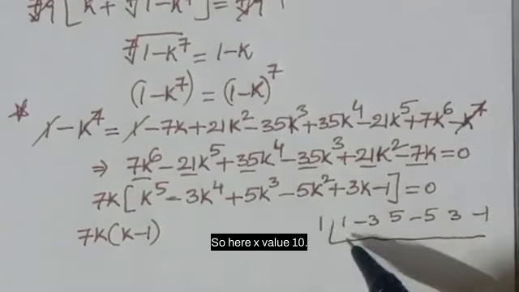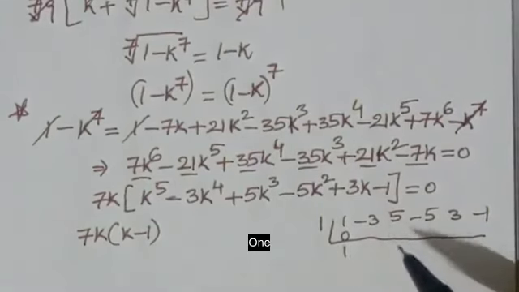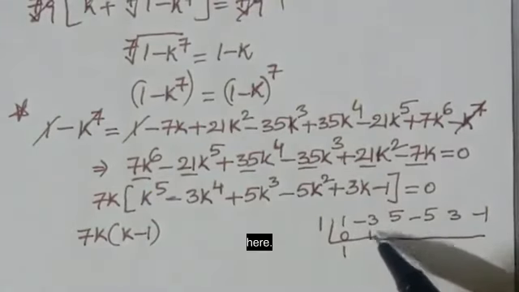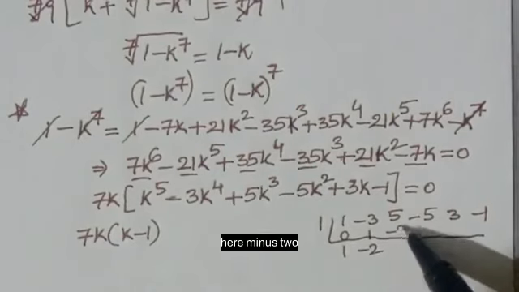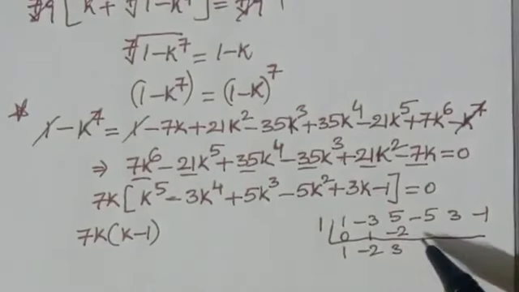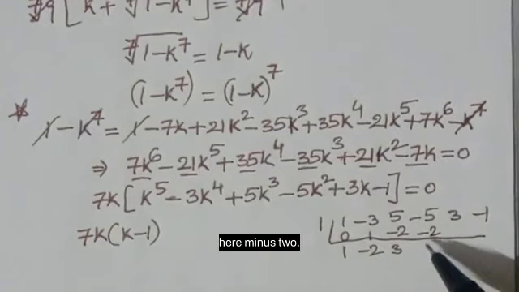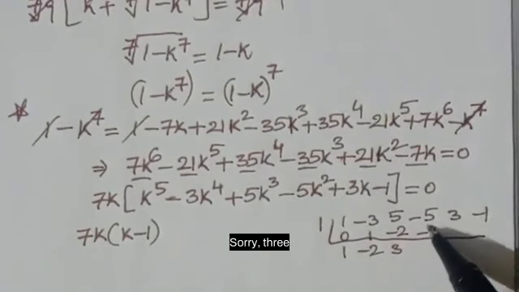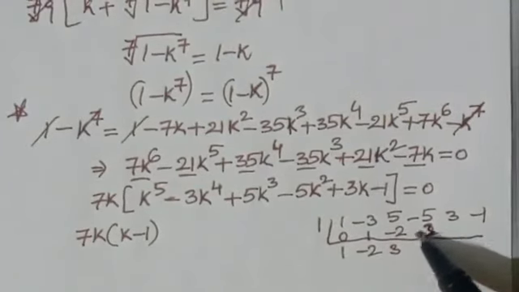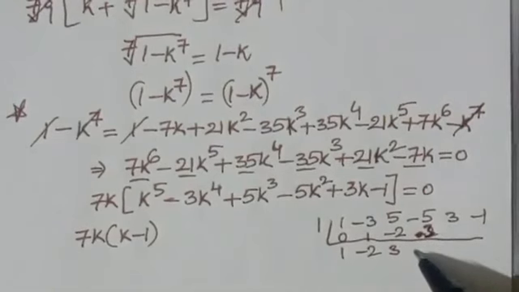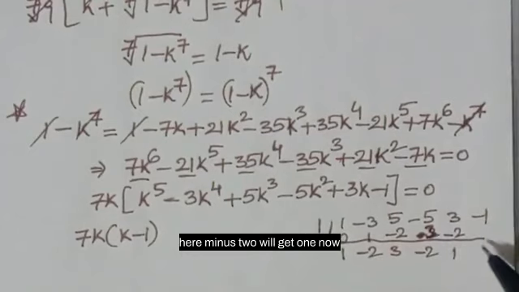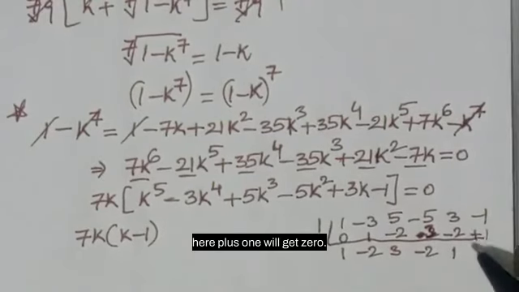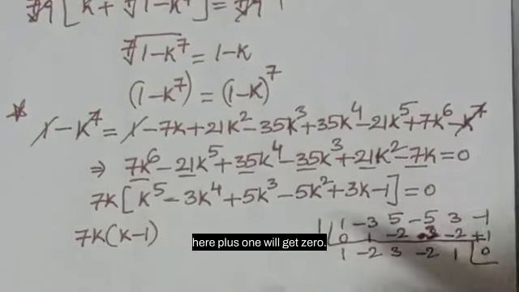With the value 1, we get 1, minus 2, 3, minus 2, 1, and the remainder is 0.